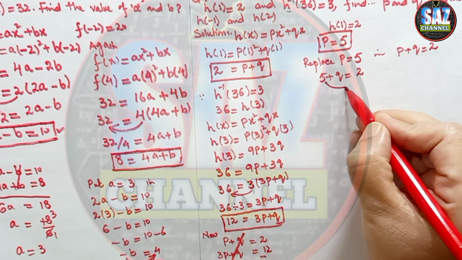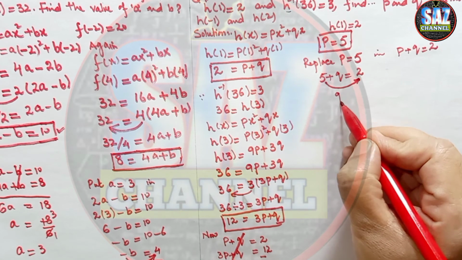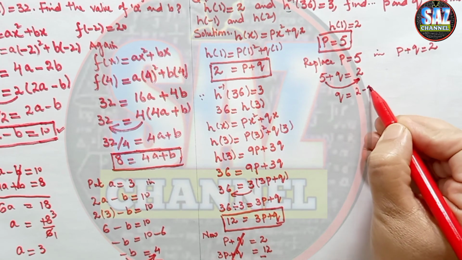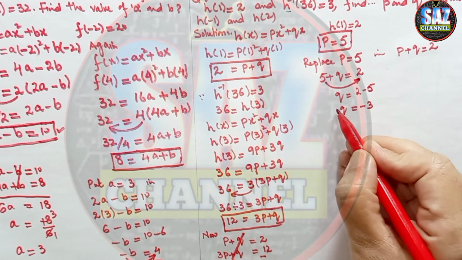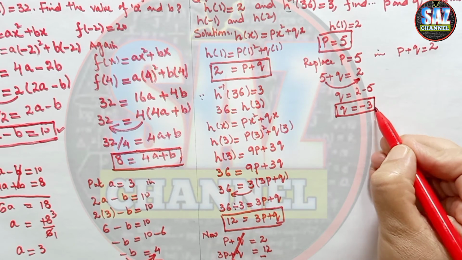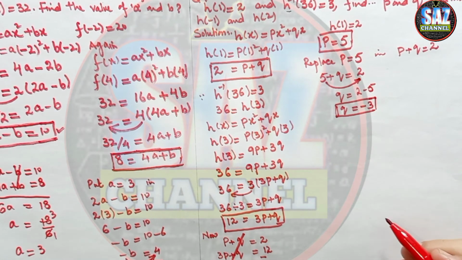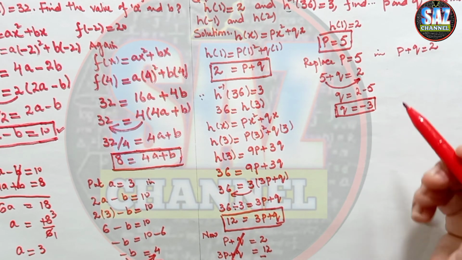Now in order to get the value of q, I have to shift this 5 to the other side, and q equals 2 minus 5, and q equals minus 3. I hope you are clear about how we are finding the values of p and q. For the calculation of the values of p and q, you should have command on the solution of simultaneous equations.